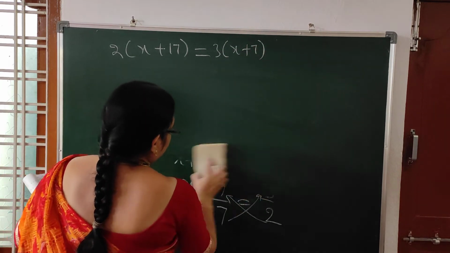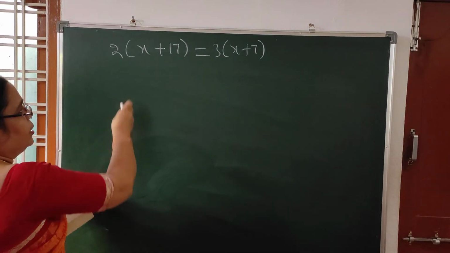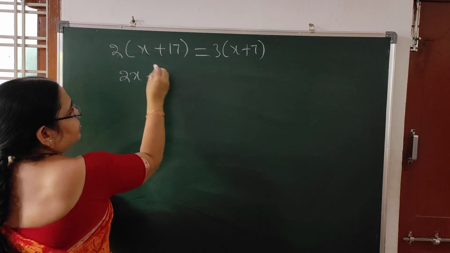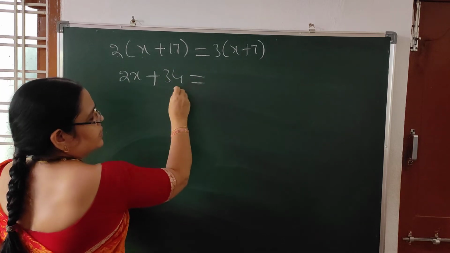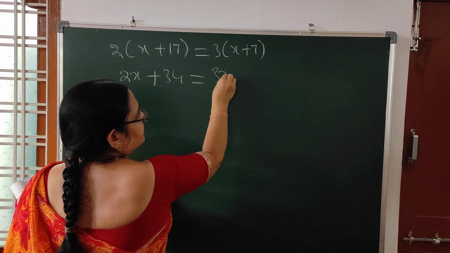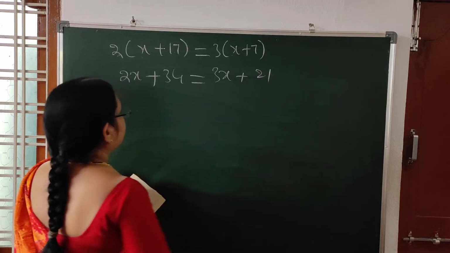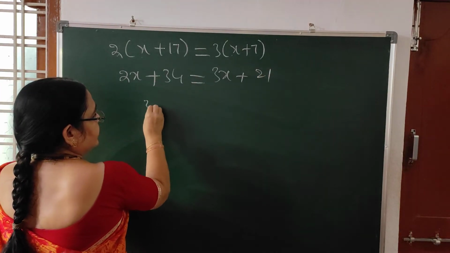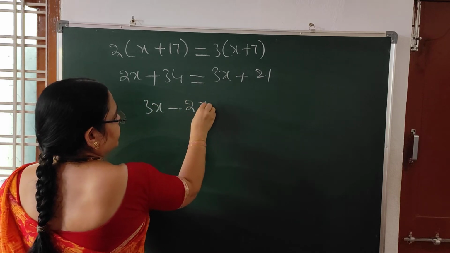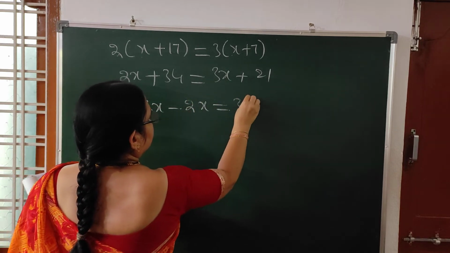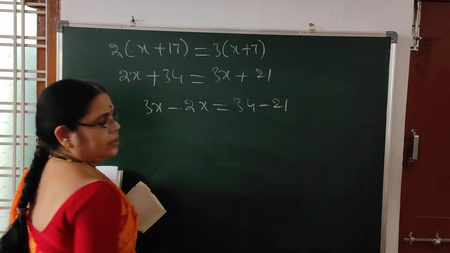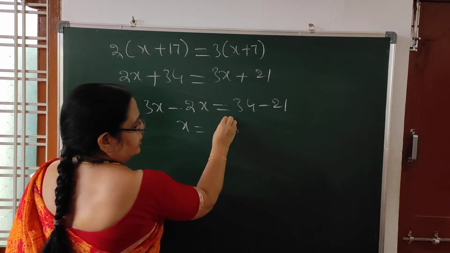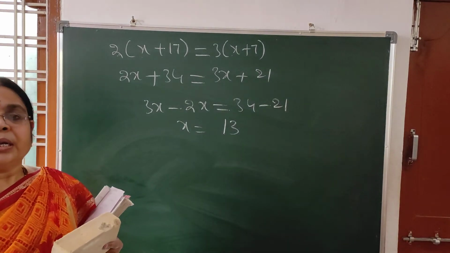Solve this equation. 2 into x is 2x, 17 twos are 34, is equal to 3 into x is 3x, 3 sevens are 21. Now transpose. 3x minus 2x is equal to 34 minus 21. So x is equal to how much? 13. x is equal to 13.